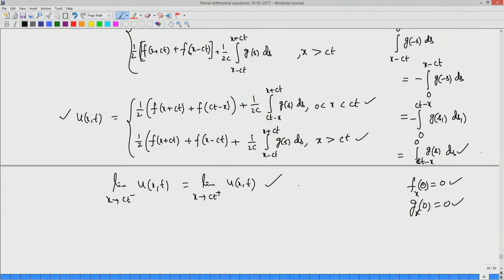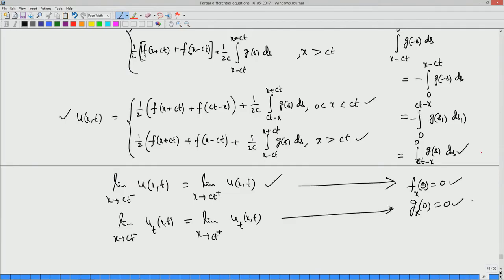By this you will get the first condition, and if you take the limits of u t of x, t, these are also continuity of its derivative, that means as x goes to ct minus, this will give me this condition.